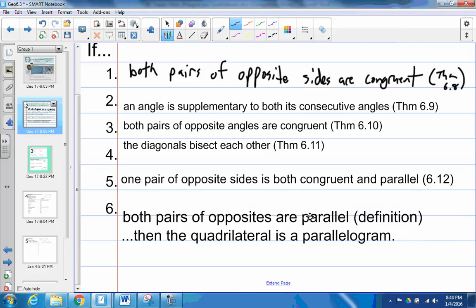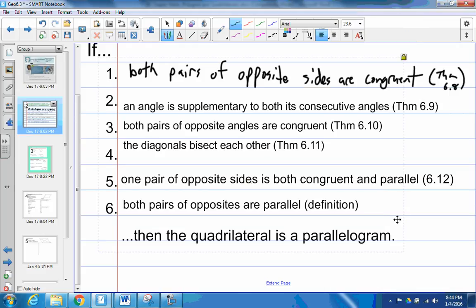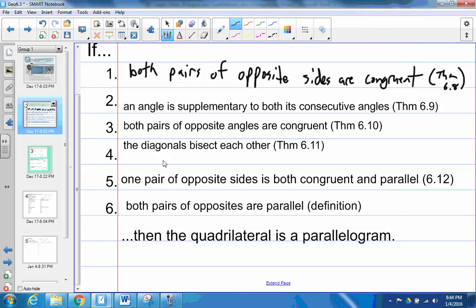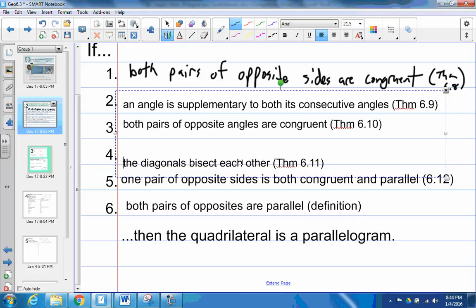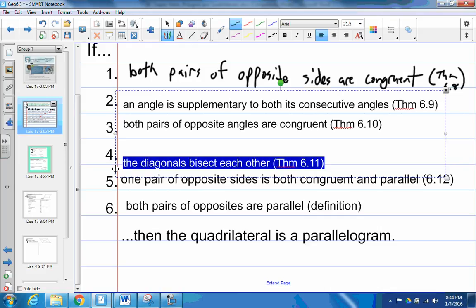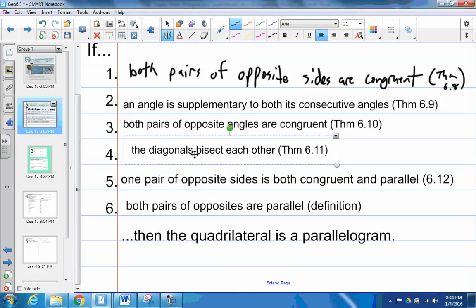But there are your six ways to prove that a quadrilateral is a parallelogram. We have one, two, three, four, five theorems and one definition. All right, and we're going to use those now.